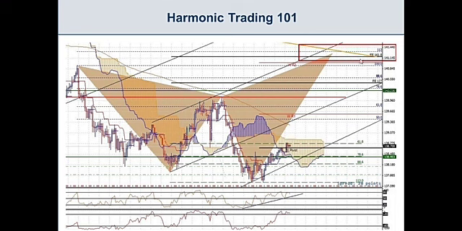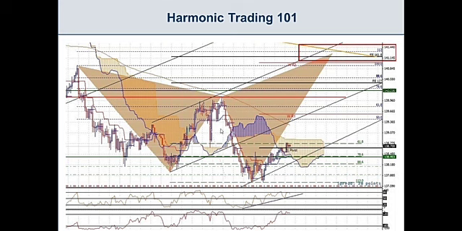If I remember correctly, this is the US dollar Japanese yen, and price hasn't hit this zone just yet, but when it hits this zone, I will be prepared to sell on an excellent risk to reward ratio, because my stops will be just above this Fibonacci ratio, my first targets will be at this high, and my second targets would be at these lows right here.